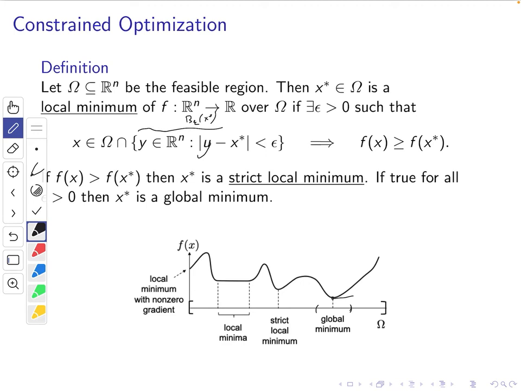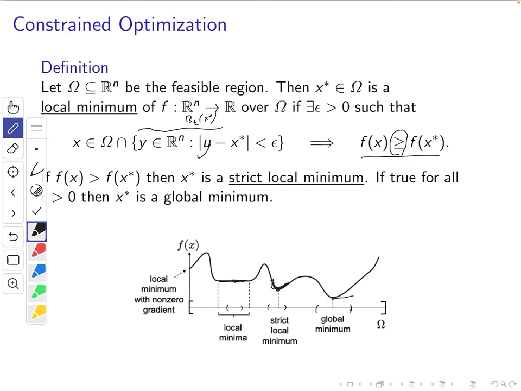This is also a local minimum here, because again we can find an epsilon ball where f at that point is smaller than f at all of the points locally. All of these points here would be local minima because of the less than or equal to sign. You can find an epsilon ball around any of these points where f of x is greater than or equal to f of x star, and so it's a local minimum.